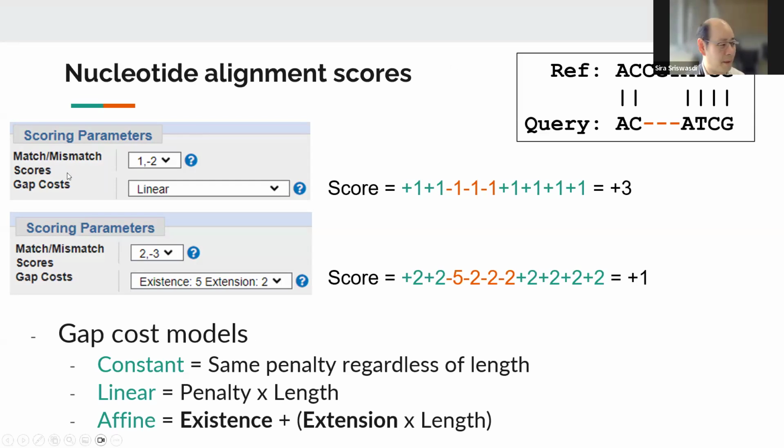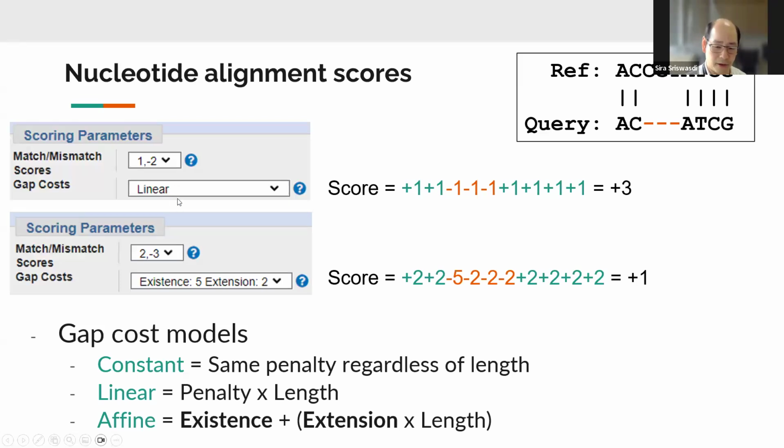They will let you specify the match and mismatch score. Like in this case, it's either 1 versus -2 or 2 versus -3. And they will also allow you to select how you would score the insertion deletion, or these gaps.